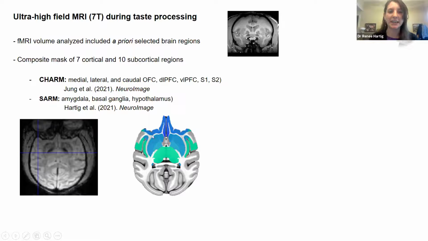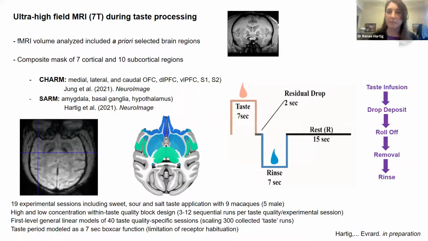So you can see here through the axial or the horizontal plane, different structures in the atlas that we looked at, highlighted and contoured in green and blue. And you could see that this is what the image would look like if we were to scan the anatomy of the animal.